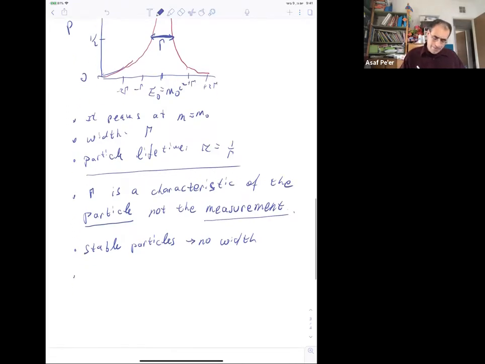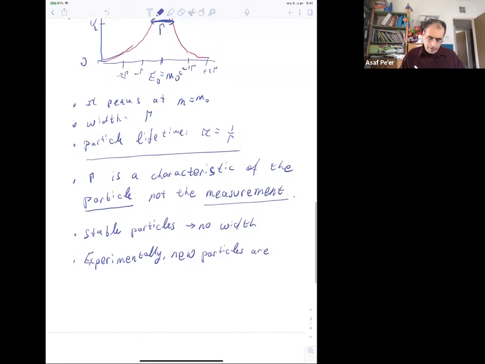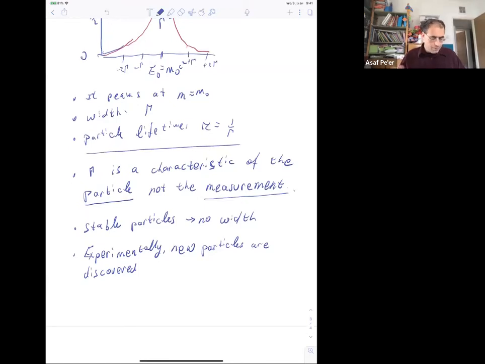So experimentally, new particles are discovered, or can be discovered, by measuring the energy of the decay products.